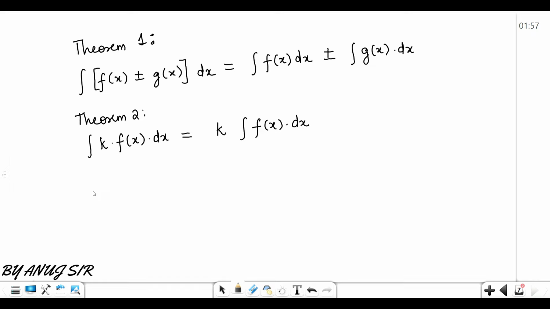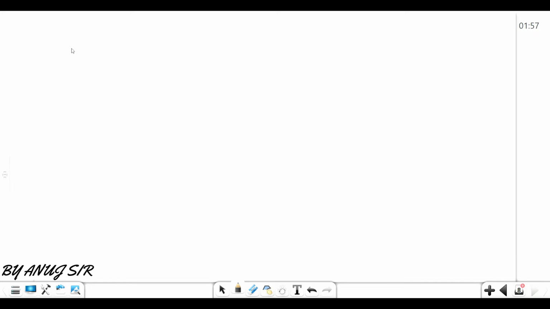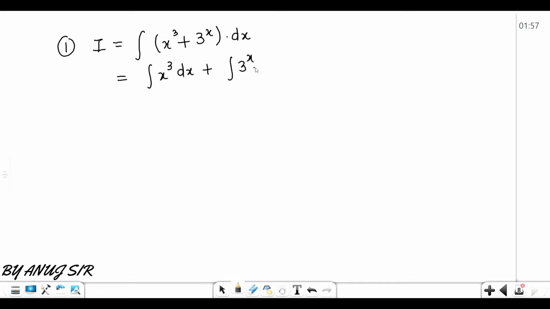We will be solving them, and let's see the first example, which is I equal to integration of x to the power 3 plus 3 to the power x dx. What we'll do is give the integration sign to each one of the functions here. Since this function is x to the power n, following the same formula, x to the power n plus 1 upon n plus 1, this will be x to the power 3 plus 1 upon 3 plus 1.